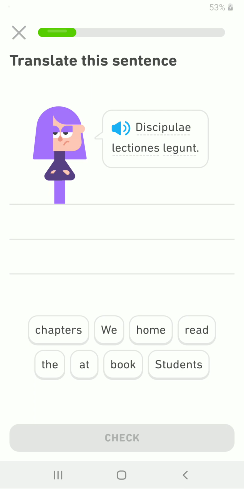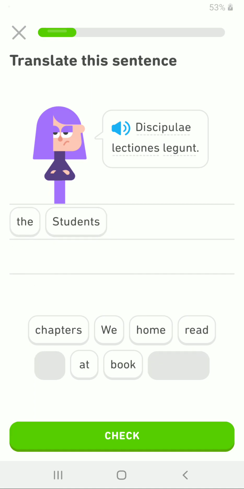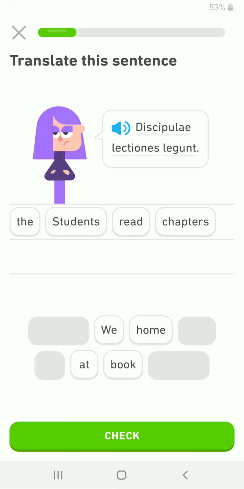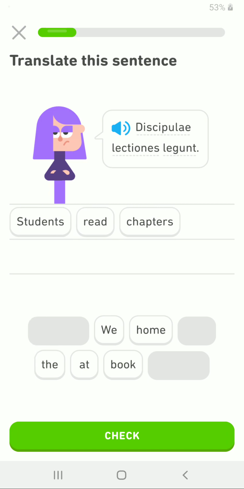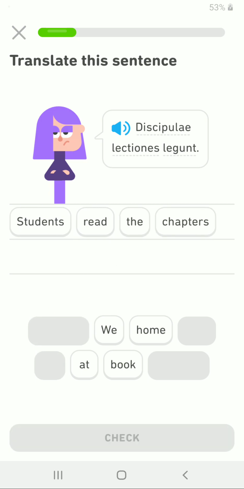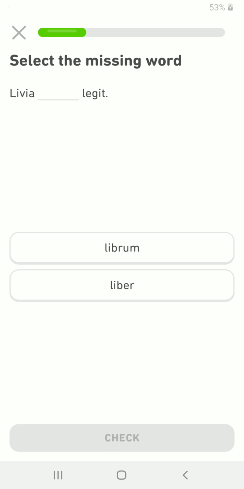So legunt, they read, and lectiones, chapters. So we should say therefore the students read chapters, or should we say the students read the chapters? Let's say the students read the chapters because I see a big capital there.